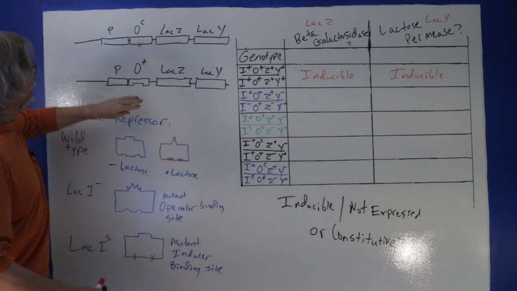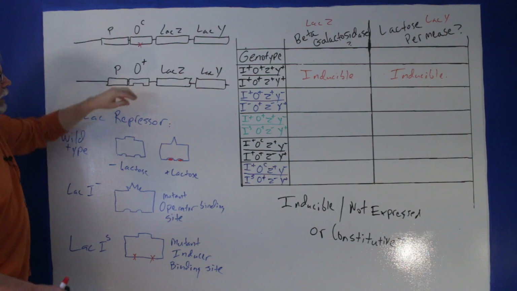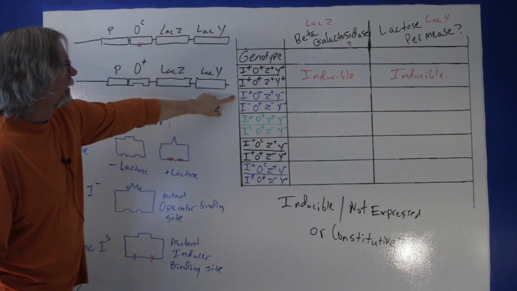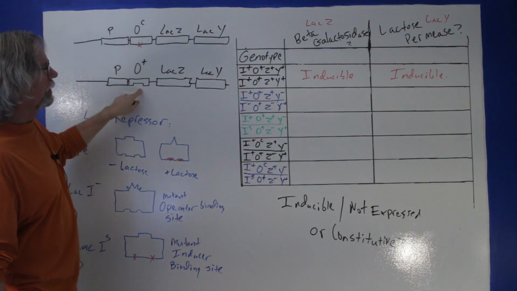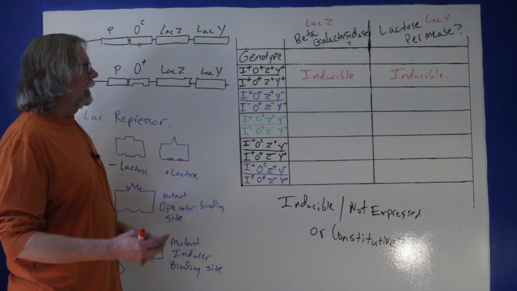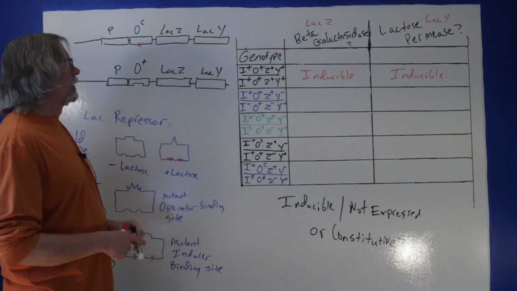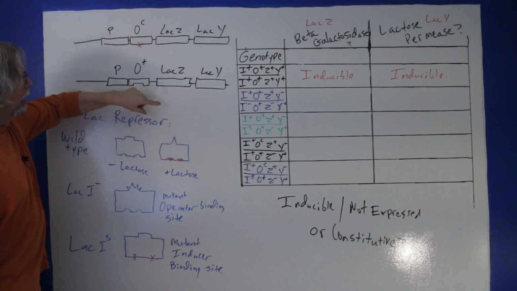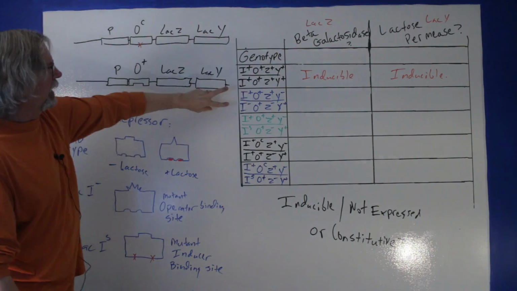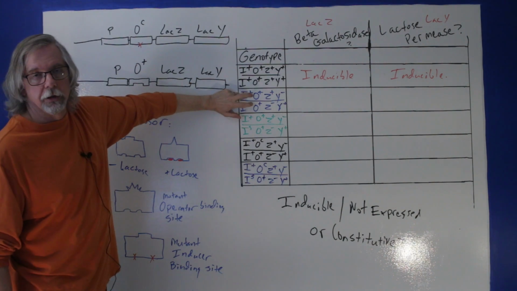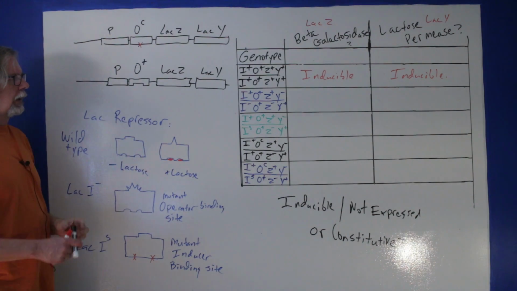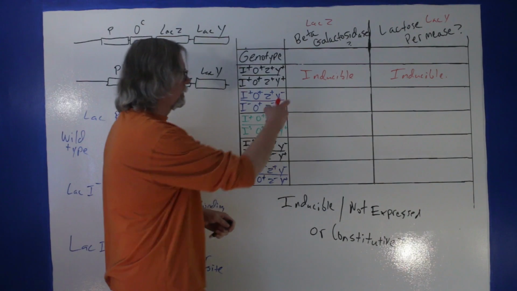Both of these copies have wild type operator, okay? So in the absence of lactose, this repressor is going to be binding to both operators, and the operon will be off. In the presence of lactose, lactose is going to be able to bind to repressors present at both of these operators, and it's going to pull the repressors off. So this is going to be the same as the first one.